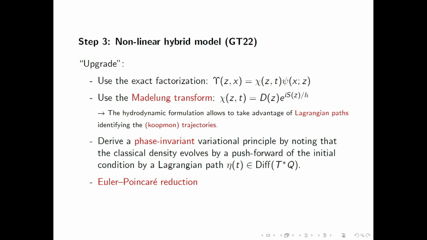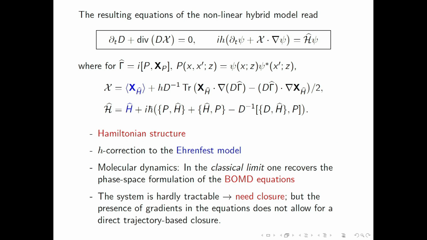Good, so they also derived the phase invariant variational principle by noting that the classical density evolves by a push forward of the initial condition by a Lagrangian path, and performed Euler-Poincaré reduction.